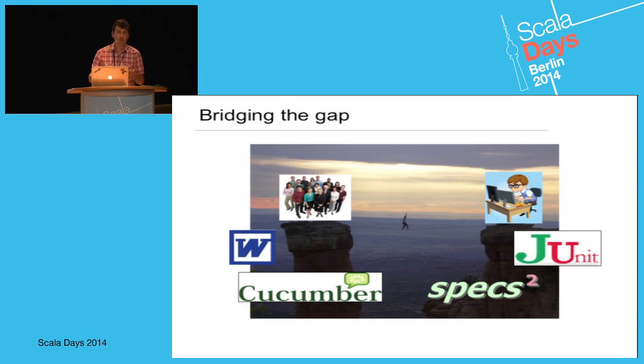And you have specs2, which is definitely on the developer side, so that's a developer tool. It's not a tool that you would give to a business analyst or to someone who doesn't know how to code. But even in specs2, we still try to preserve the possibility to write some text, or even to add some images or some diagrams or some tables, if that makes sense, to make the specifications a bit more readable.